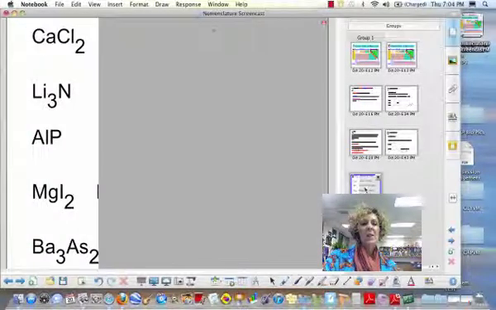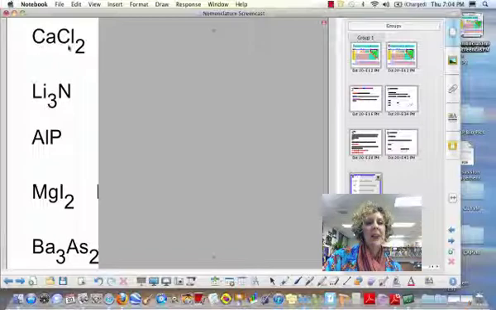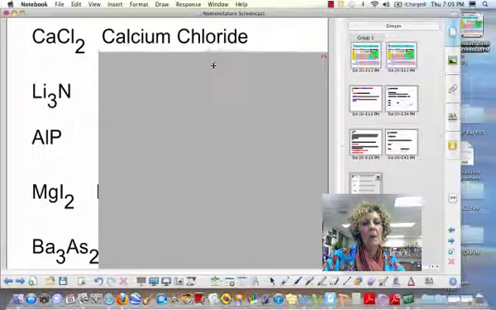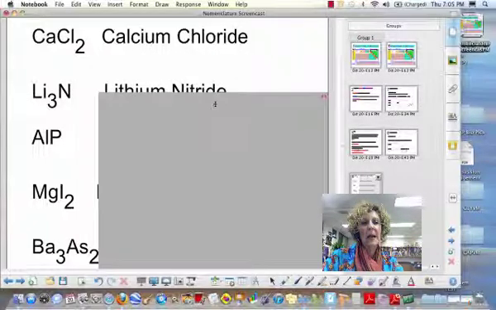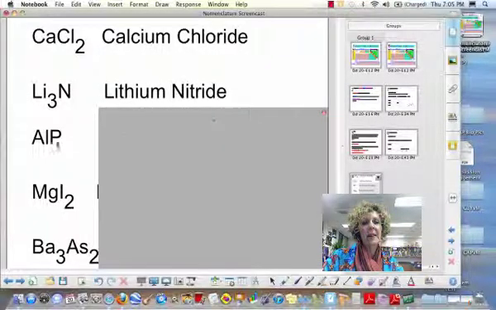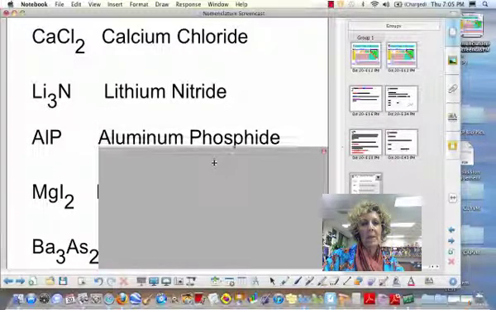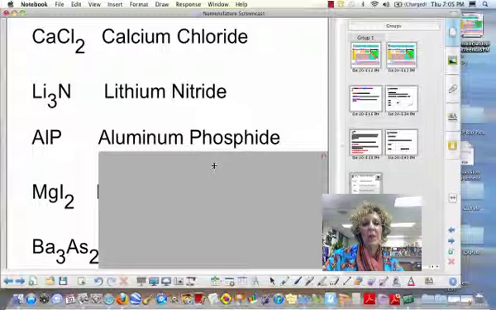All right, so let's practice with some of these. CaCl2 would be, you got it, calcium chloride. Li3N, this is the metal and the nonmetal, so it's going to be lithium nitride. AlP is going to become aluminum phosphide.